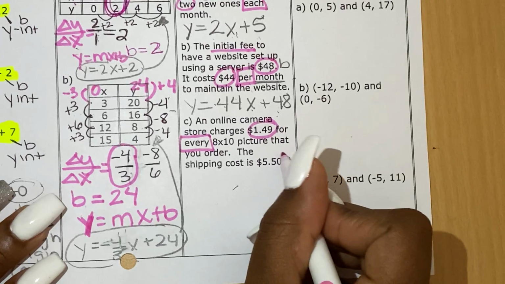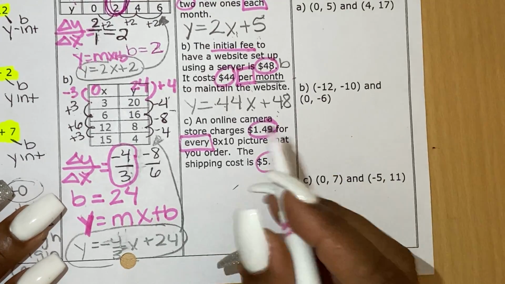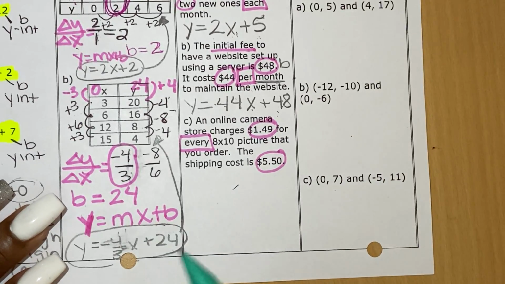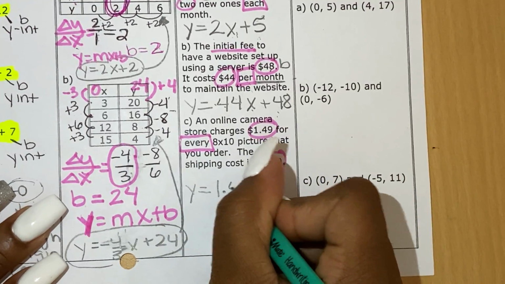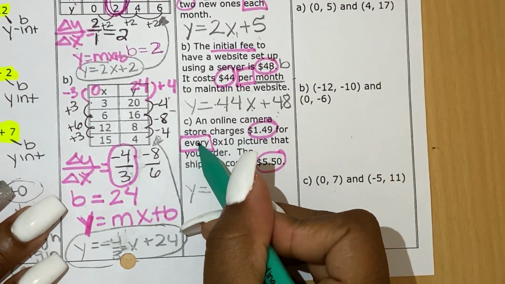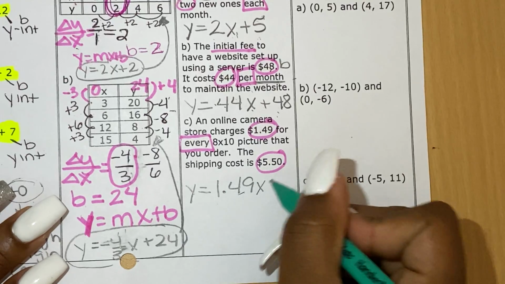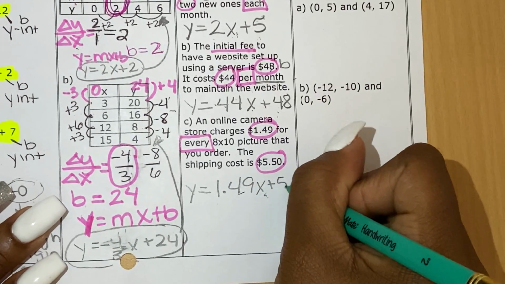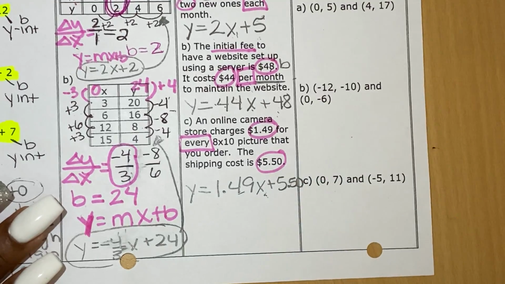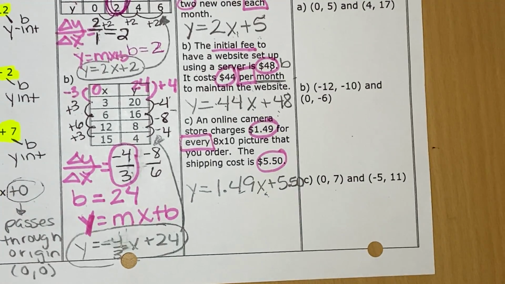The shipping cost is $5.50. Let's plug this into y equals mx plus b. It is $1.49 for every picture. I don't know how many pictures, but for every picture, plus the shipping cost of $5.50. Finished. It's that simple.